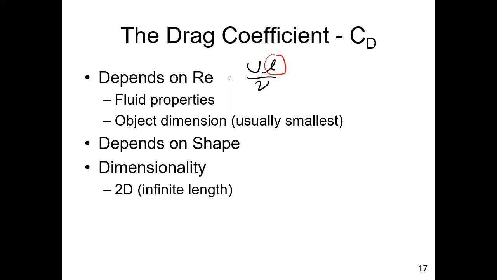So some problems you can look at as a two-dimensional problem. For example, an infinitely long rod. So sometimes when you're seeing these problems in the textbook or on the FE exam, you can certainly go into what are called the 2D drag coefficients. And I gave you some in the handout for today.